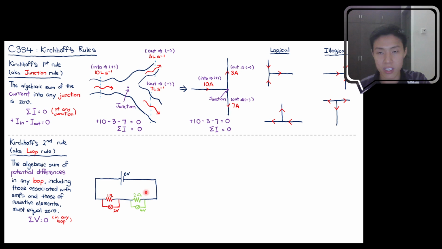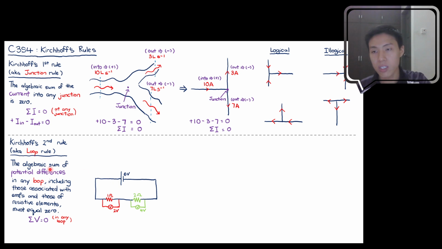There's a 1 ohm resistor and a 2 ohm resistor, and this 6 volt is divided across them. Because the 1 ohm resistor has less resistance, it receives less energy, so its voltage is less compared to the 2 ohm resistor, which has a greater voltage across it. I'm going to use this circuit again to explain the loop rule.